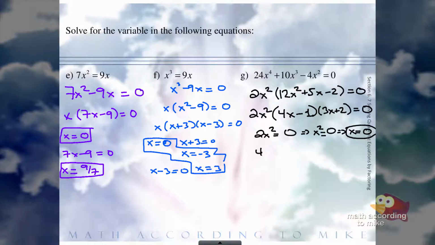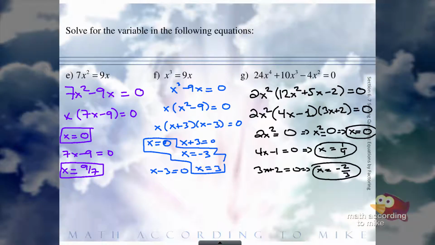If 4x minus 1 equals 0, that means that x is 1/4 by adding 1 and dividing by 4. That's another answer. And if 3x plus 2 equals 0, that means that x is negative 2/3 by subtracting 2 and dividing by 3. So we have three answers yet again.